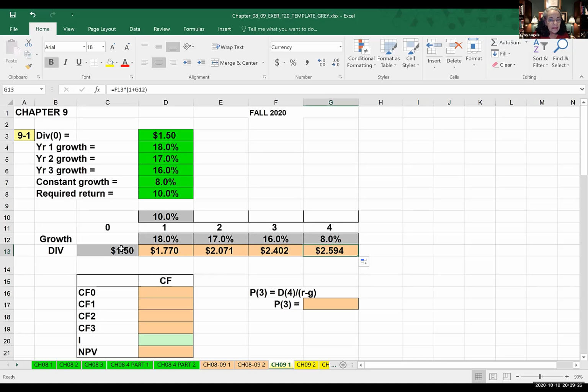Now, that we don't care because that's historical. I need P3. I need the price right here. The price when it becomes constant. P3 is equal to D4 divided by the required return minus constant growth rate.